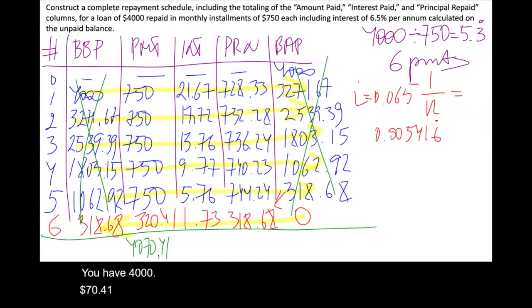Interest, you have to add together manually, number by number. But it's not 100 numbers, right? It's only 6. But it's worth it. So 70.41. And principal, again, I'm totaling principal.